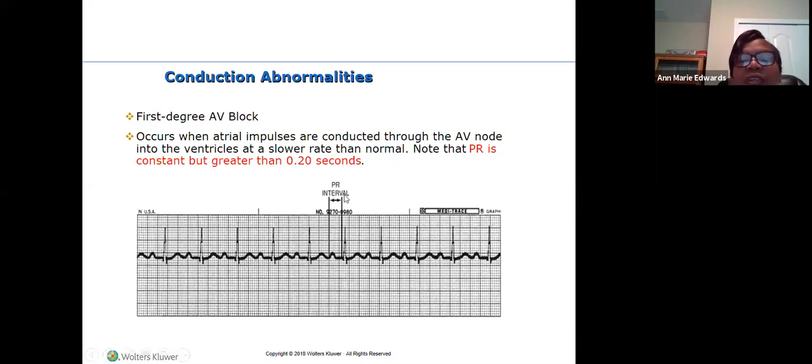Okay, so here is showing you the PR interval, which is prolonged. Okay, and that's your first degree AV block. In summary, the PR interval is prolonged in your first degree AV block.